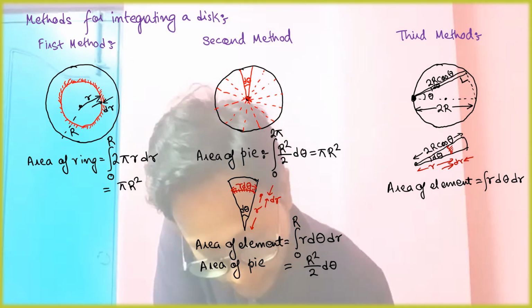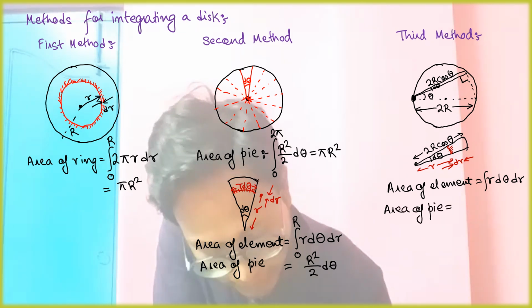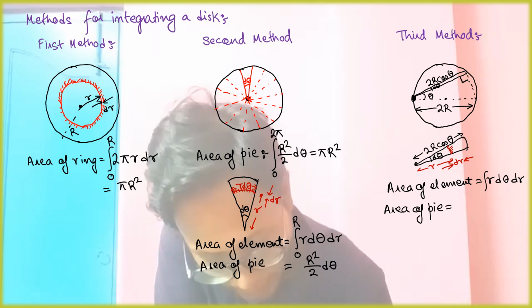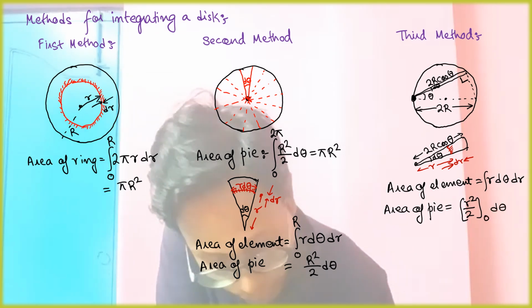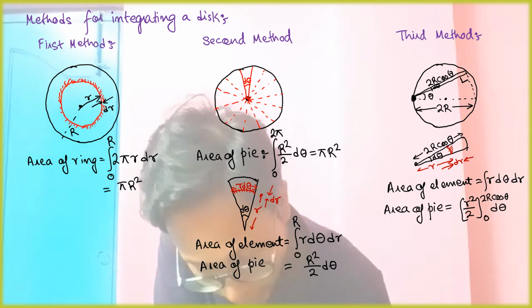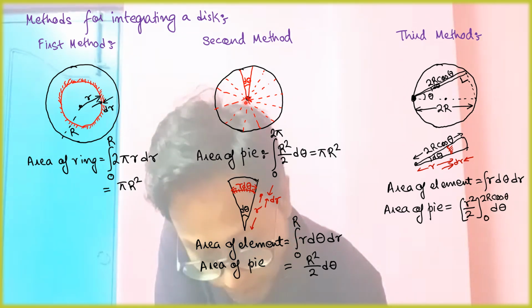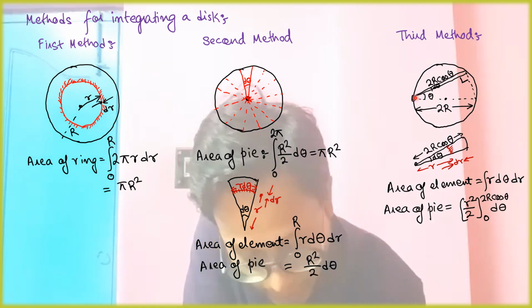Okay, so area of pi is nothing but r square by 2 into d theta. Now the limits of the integral are from 0 to 2r cos theta. Okay, out here it was 0 to r, no, but out here it is 0 to 2r cos theta. Why? Because out here we integrate from 0 to r, but out here we will integrate from 0 to 2r cos theta.